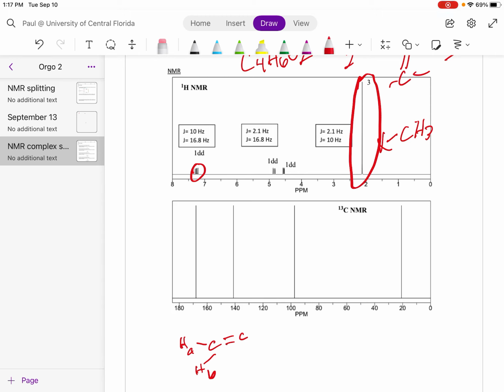So HA would be split into a doublet, and HB would be split into a doublet. So I see that I have 1 of them. So that would account for 1 of the doublets of doublets. This one would count for the second doublet of doublets. And then we have, let's say, HC. HC would also be split into a doublet of a doublet.